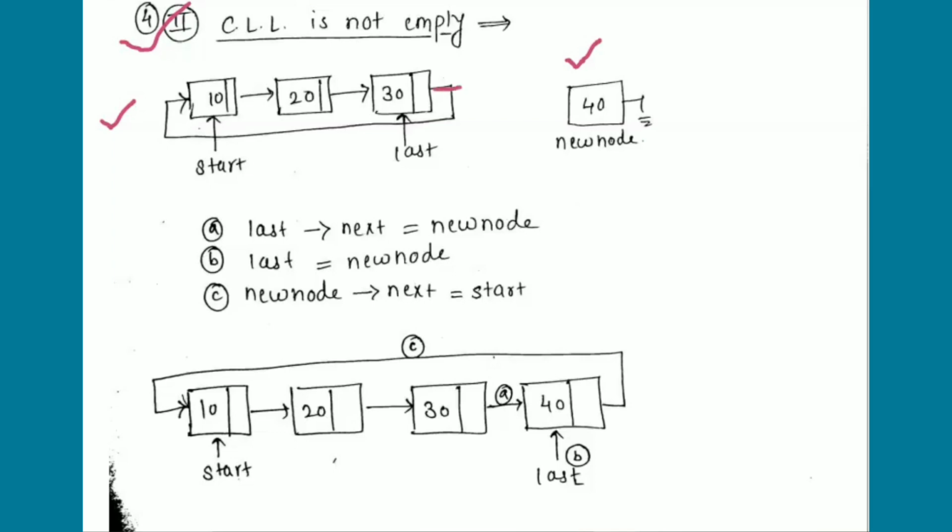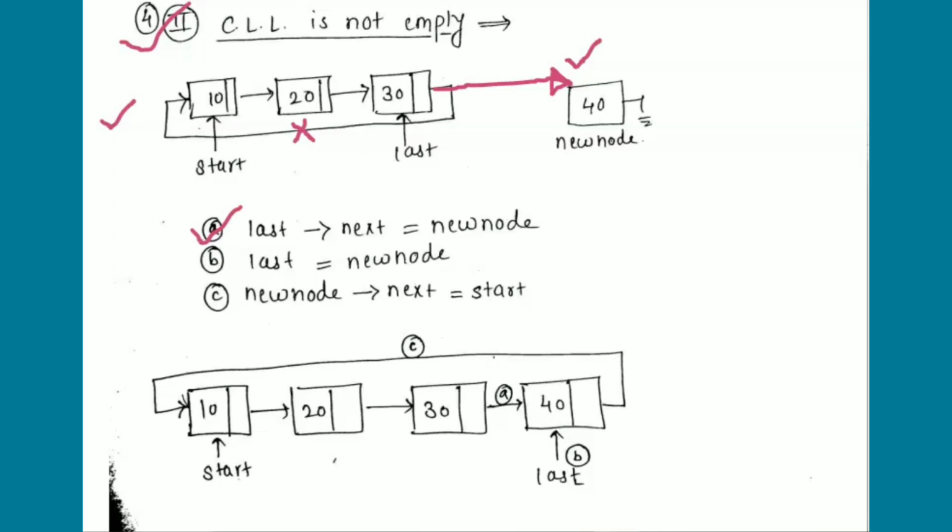In that case, I need to make a connection from this 30 to the 40. So last next becomes new node. That was our first statement. After that, this link we want to remove. Instead of that, we need to create a link from this new node to the start. After creating this link, this 40 becomes the new last of your linked list.